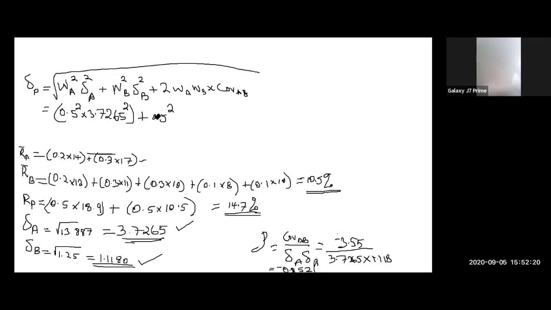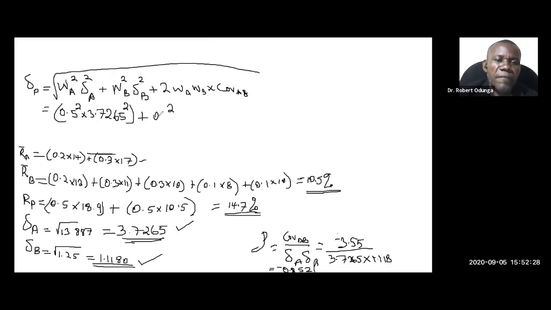Okay. 0.5 times standard deviation of B, which is 1.118, squared.